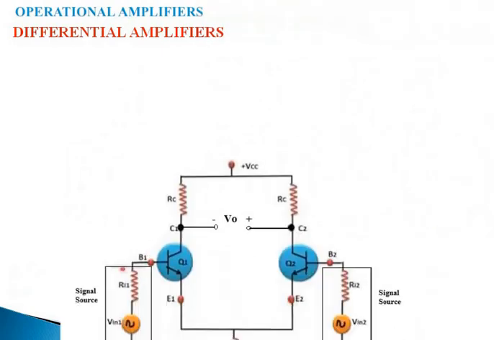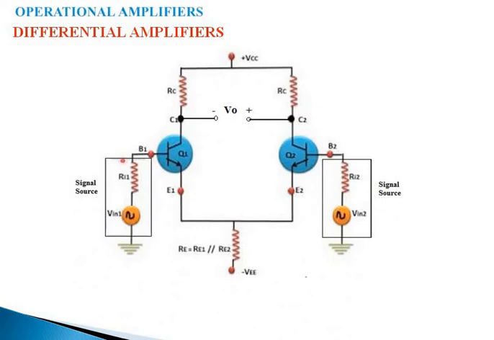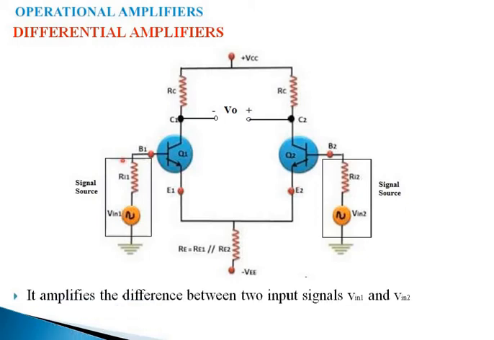That is shown here. Here we connected the emitter terminals, and output is taken across the collectors. Inputs are given to the base. So this is the differential amplifier circuit, and this amplifies the difference between two input signals V1 and V2.